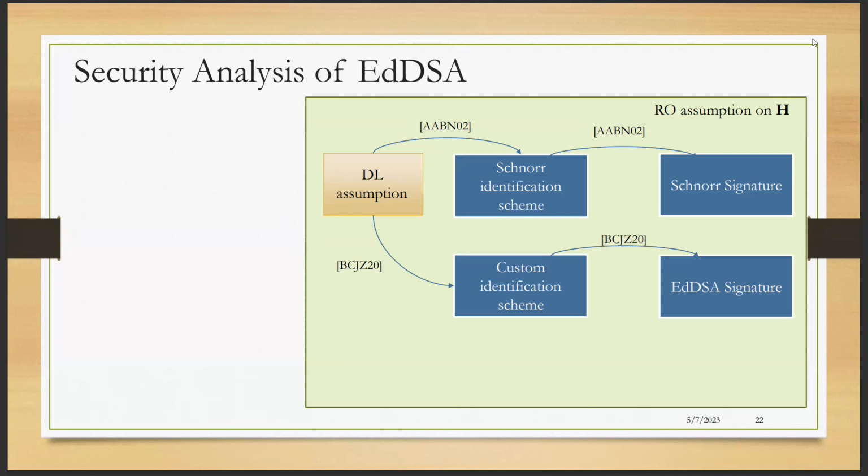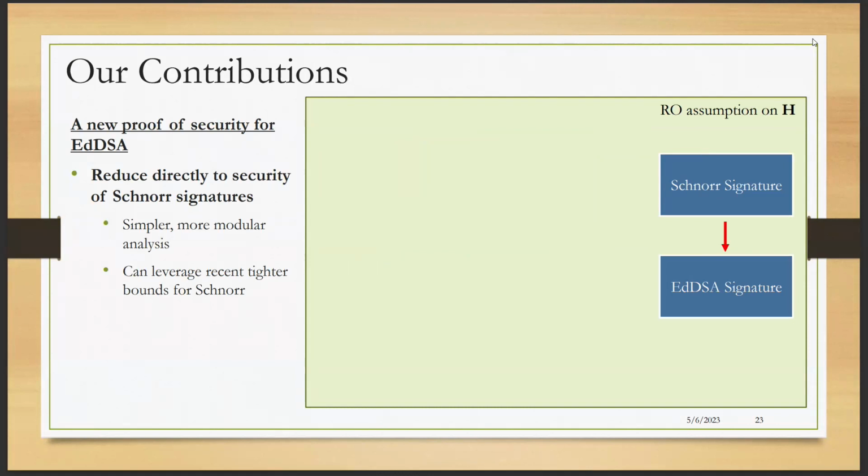It has a quadratic loss that comes from the original forking lemma. And it also is making the same assumption that the hash function, whether it's SHA-512 or SHAKE, is going to be a random oracle.